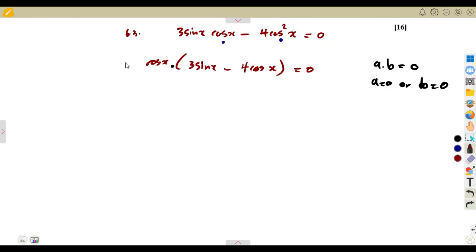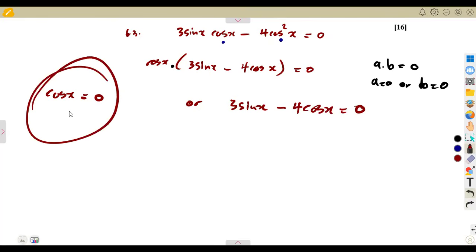So that means it's either the cosine of x is equal to 0. The principle does not change because it's a trig. Still the same principles. Or we have 3 sine x minus 4 cosine of x is equal to 0.